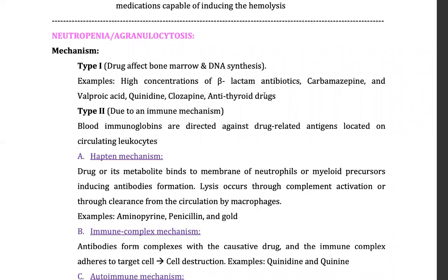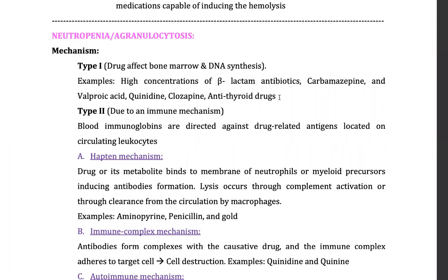Examples: high concentrations of the beta lactam antibiotics like penicillins, cephalosporins, ampicillin, amoxicillin, carbamazepine, and valproic acid, which are generally used in the management of epilepsy, quinidine, clozapine, and antithyroid drugs.